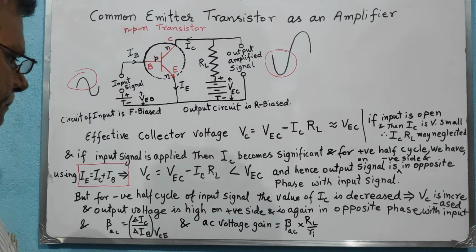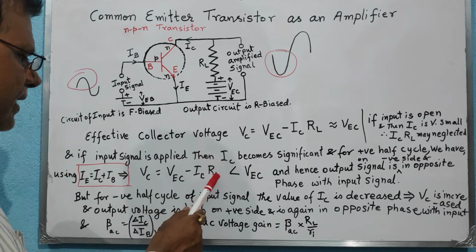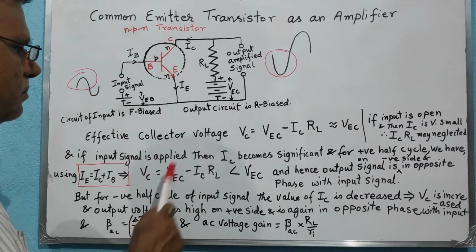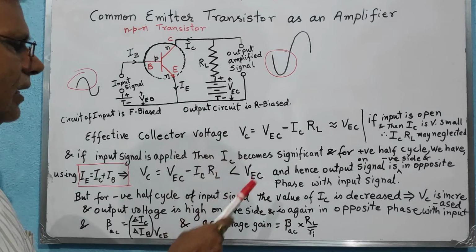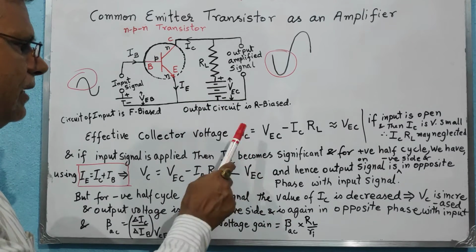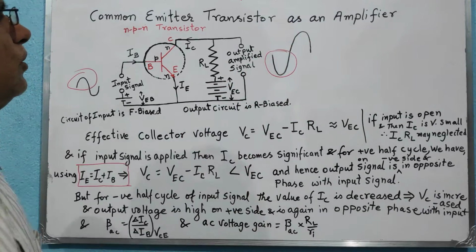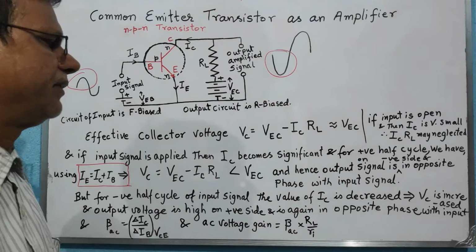and thus, while in the previous case VC was decreased, in this case VC is increased, and therefore the output signal voltage will be on the positive half cycle, of course amplified.